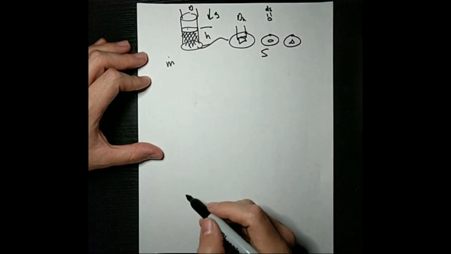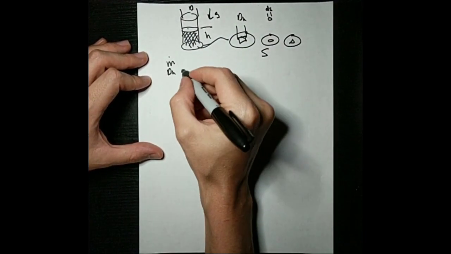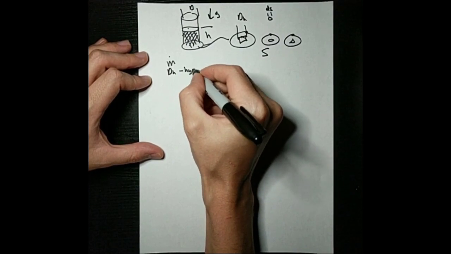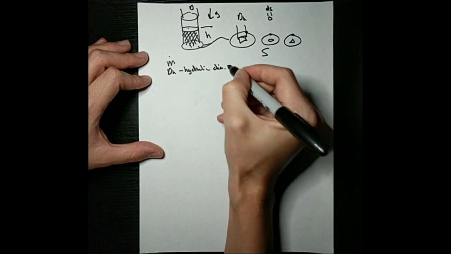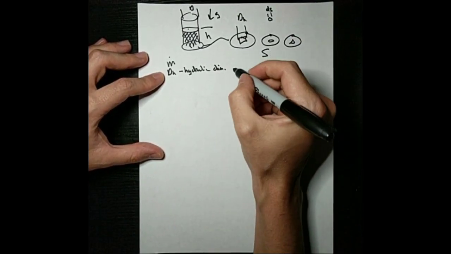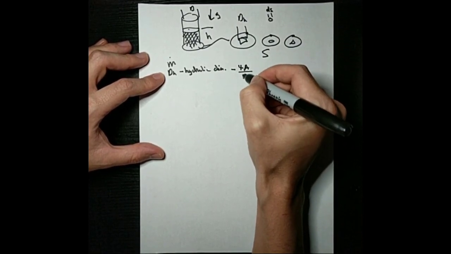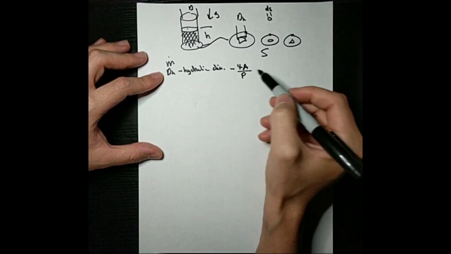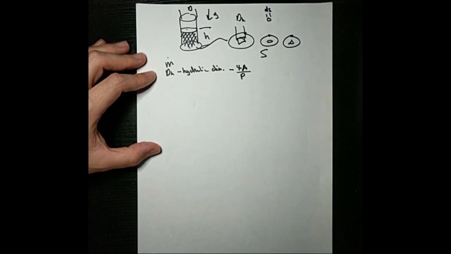So we can write all of these out. So we've got mass flow rate, we've got hydraulic diameter, and it's important to note with hydraulic diameter that that is 4 times the area over the perimeter. So it's taking in somewhat the shape of that orifice.